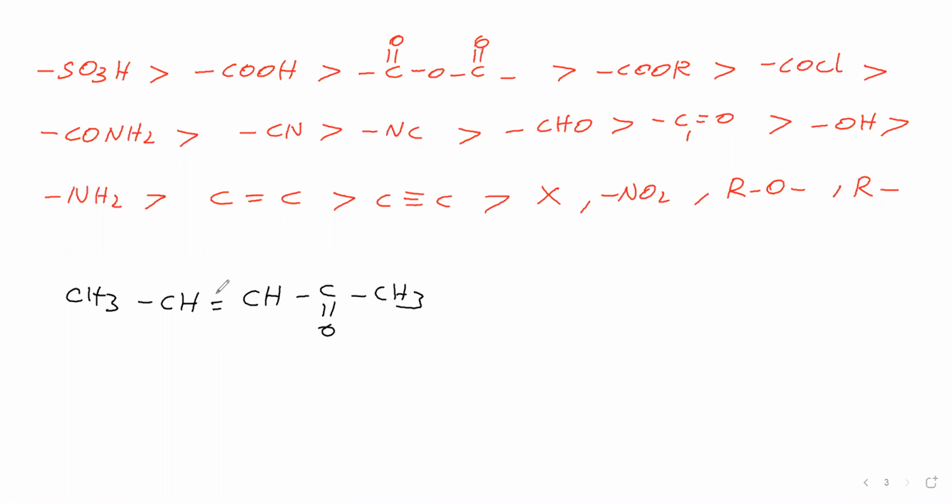This CC double bond is not the main functional group, therefore it does not have to get the least position. The ketone has to get the least position. We have to see that first, and only then do we look at the CC double bond while giving numbering.